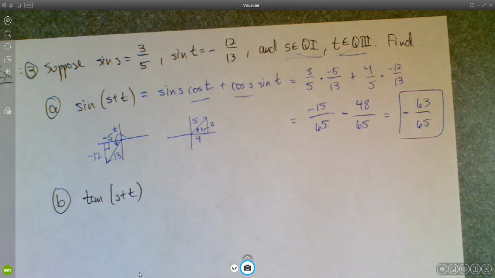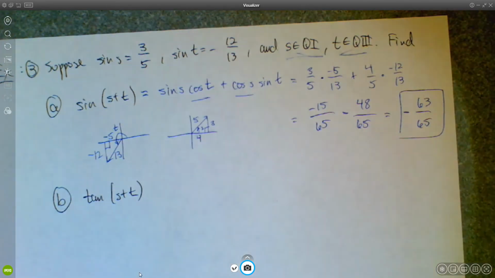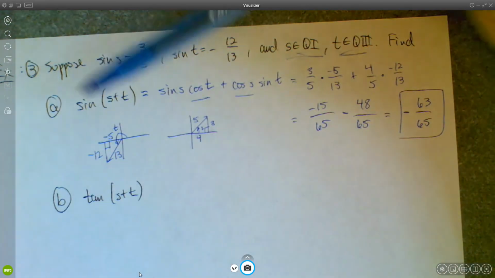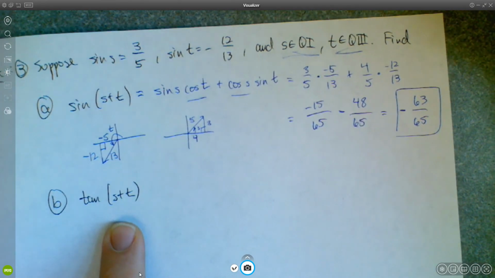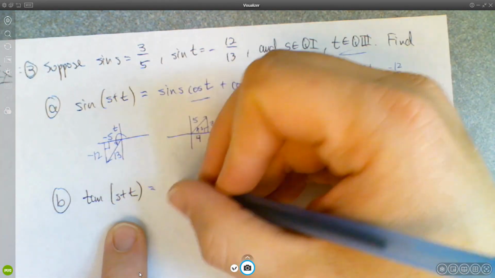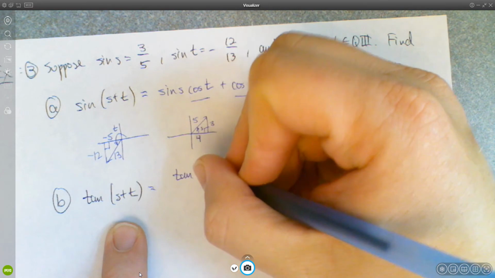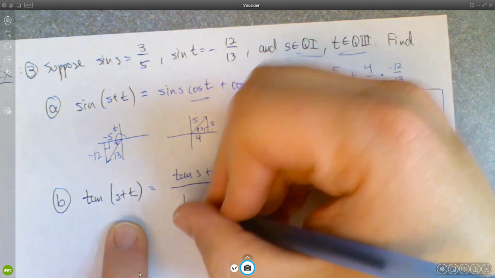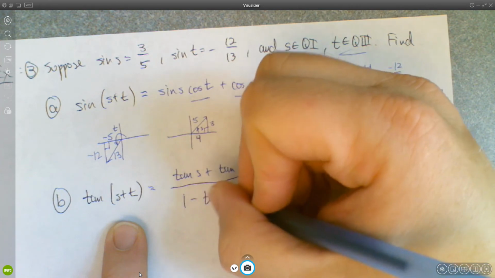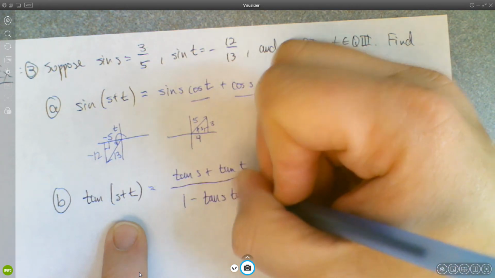Well, I suppose one thing that you could do is figure out what cosine of S plus T is, and then just divide those two answers, and that would be tangent of S plus T. But we also have a formula for tangent of S plus T. We might as well use it, right? This is going to be tan S plus tan T over 1 minus tan S tan T.